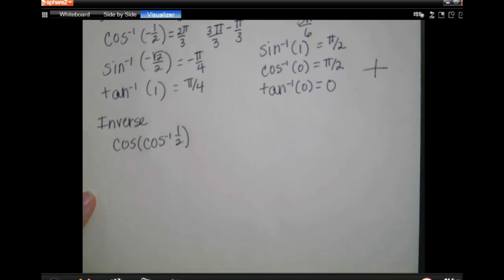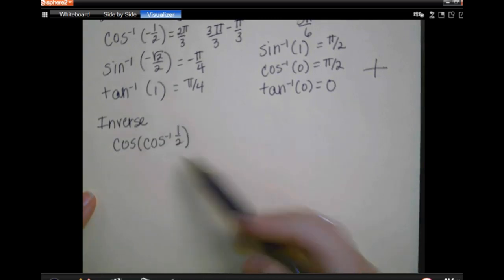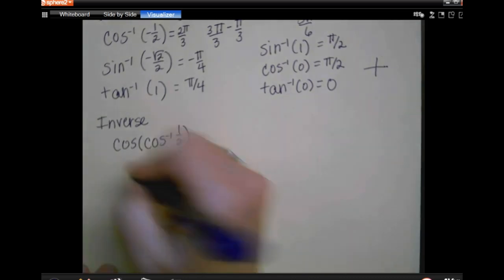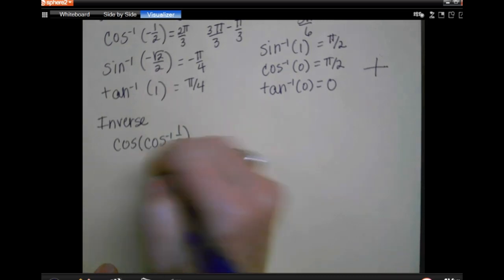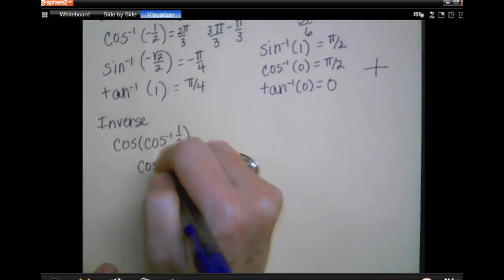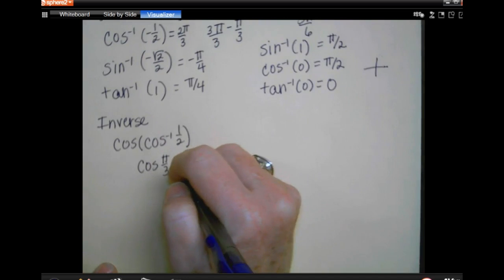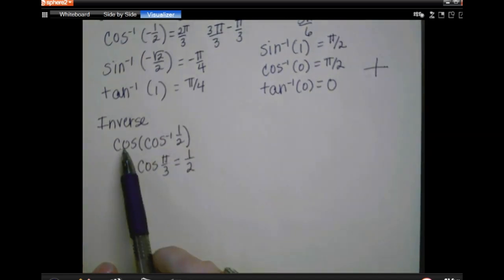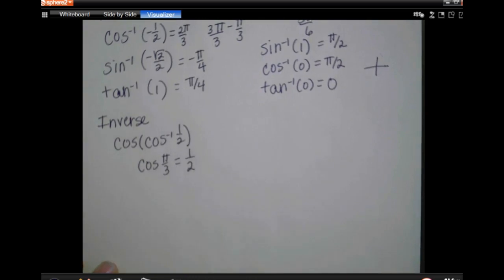So where is the cosine 1/2? Where is it? Pi over 3, right? So then it says, what's the cosine of pi over 3? It's 1/2. So this one, it's exactly the same, correct?